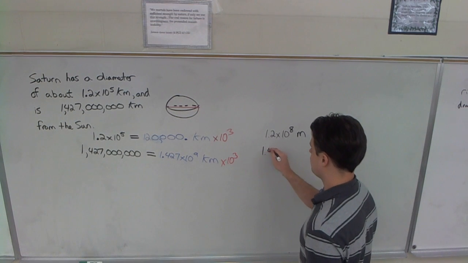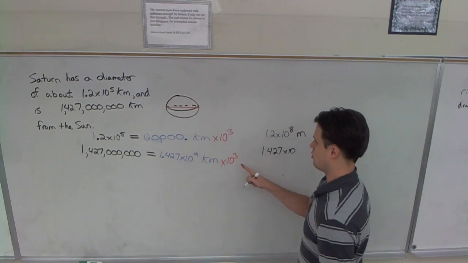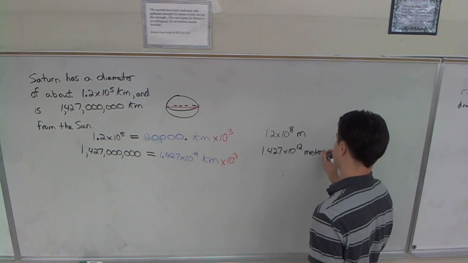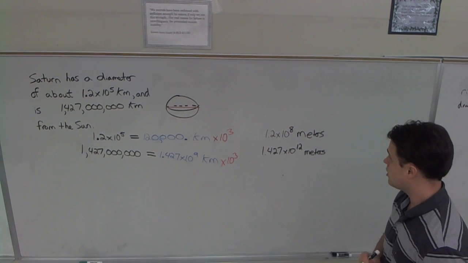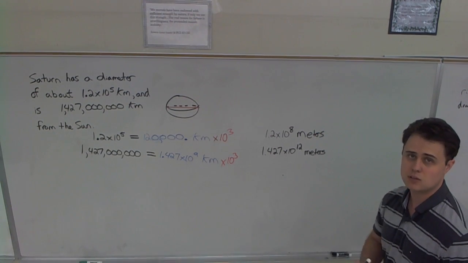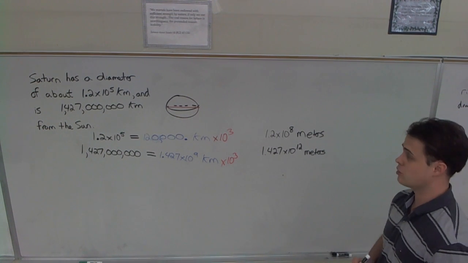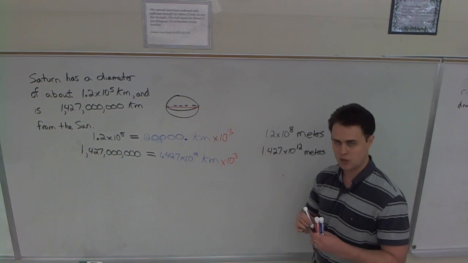And 1.427 times 10 to the, we had 9th and 3rd, I think that's going to be 12th, is the number of meters that it is from the sun. So that's something nice to know, because later in classes, if you're doing computations with these, they have to be in meters, or you're not going to end up with the correct stuff. So there's a good reason to know your metrics. Okay, see you next time.